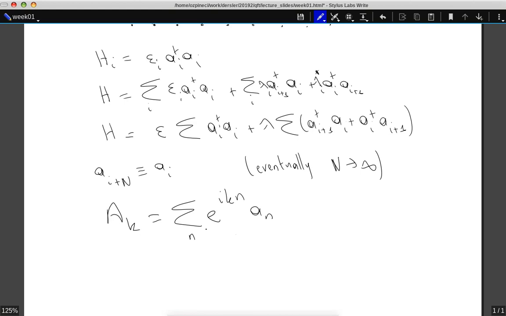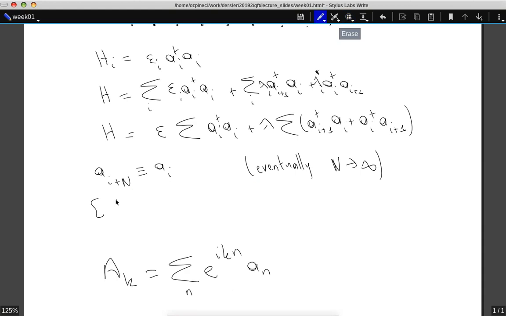Oh, by the way, before continuing, let me also mention one more thing. As we said in the last lecture, quantization basically means imposing the commutation relation between P and Q, or imposing the commutation relation between A and A dagger.